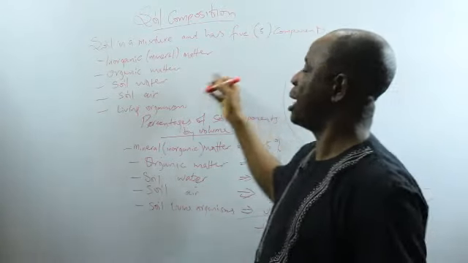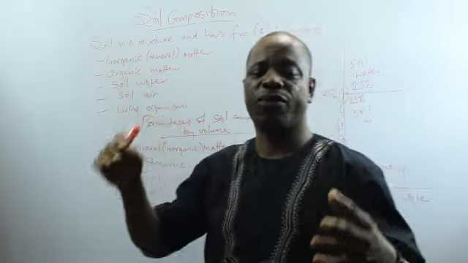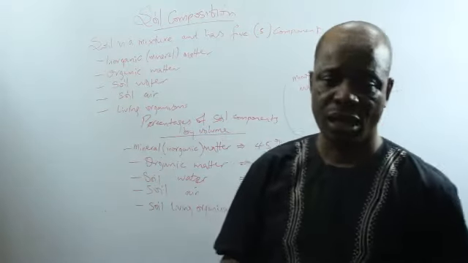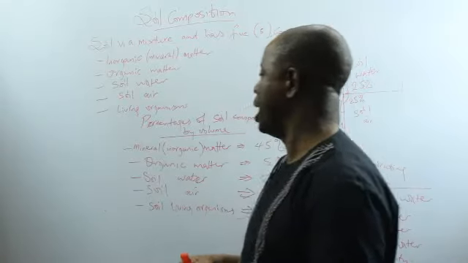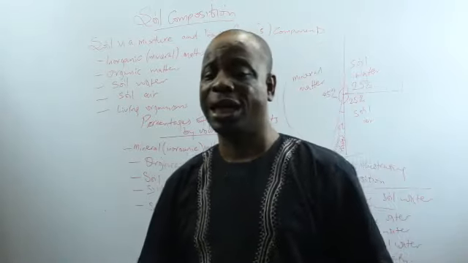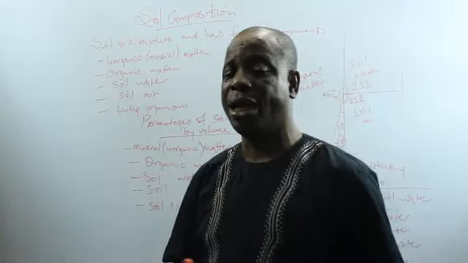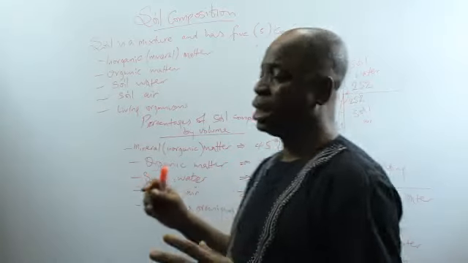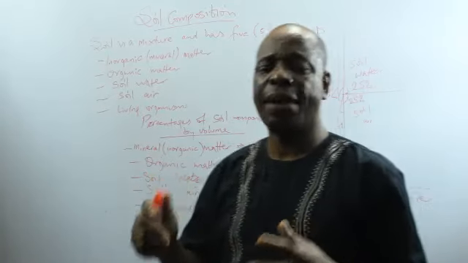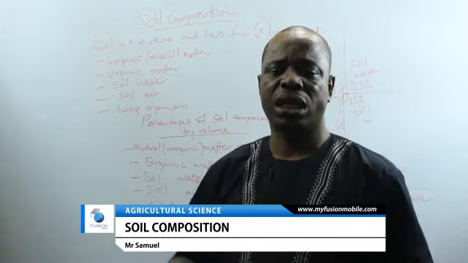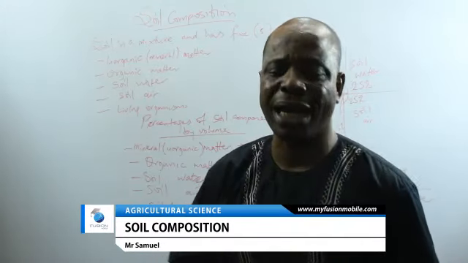And it is this mineral matter that performs the major role of the soil. It gives space for water, gives space for air, gives space for living organisms, and even gives space for the organic materials. The inorganic matter of the soil is the one that helps in the anchoring of the roots of the plants. It is inside the inorganic matter that we plant the crops.